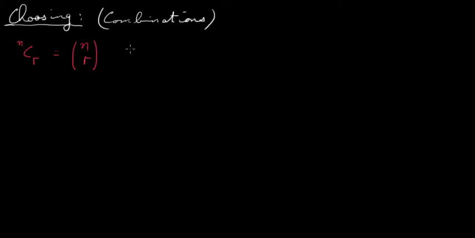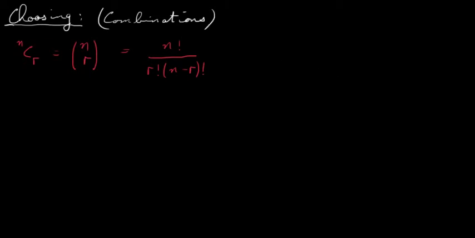Now the formula that we normally use here is n factorial over r factorial times n minus r factorial. So these are in your maths tables as well, so you don't really have to remember it. But you can use this button on your calculator. It'll look like this, or you can use the formulaic way of doing these questions.